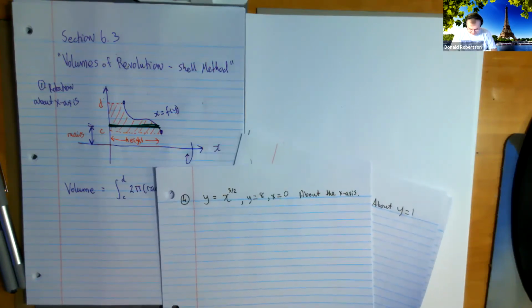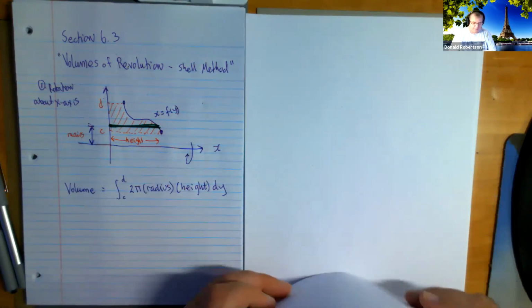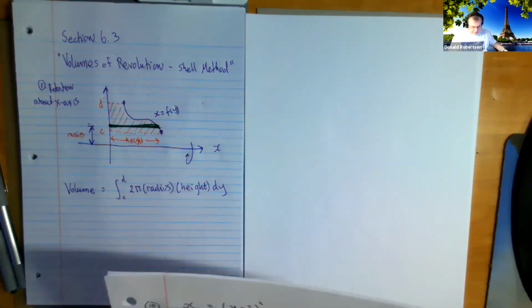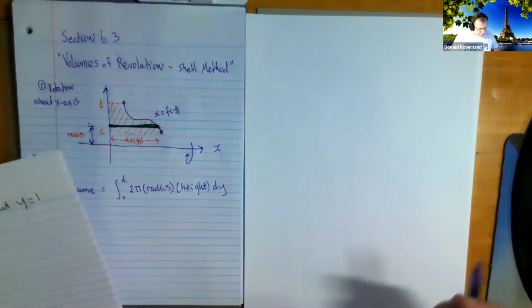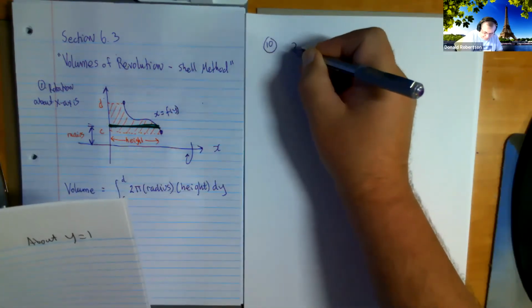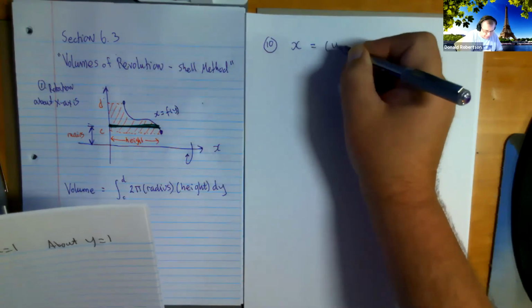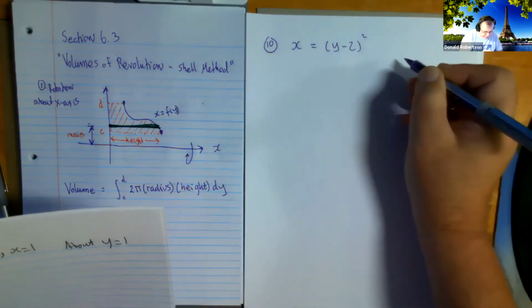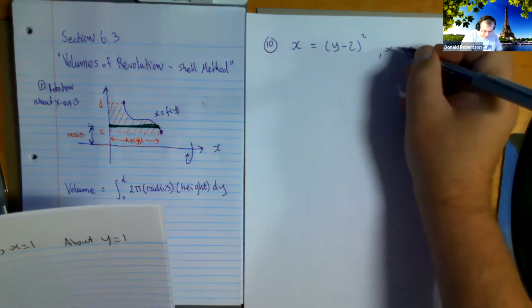Got another one set up here, eventually. This is like question 10. X equals y take away 2 squared. X equals 1.